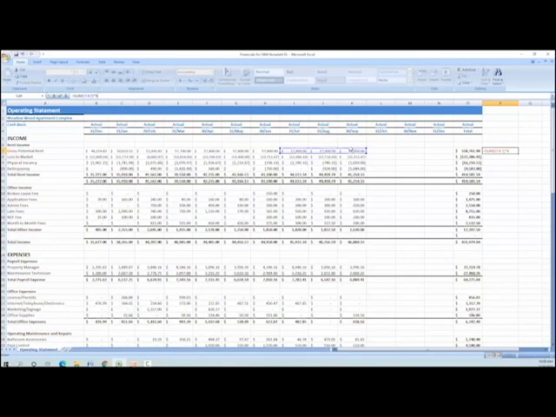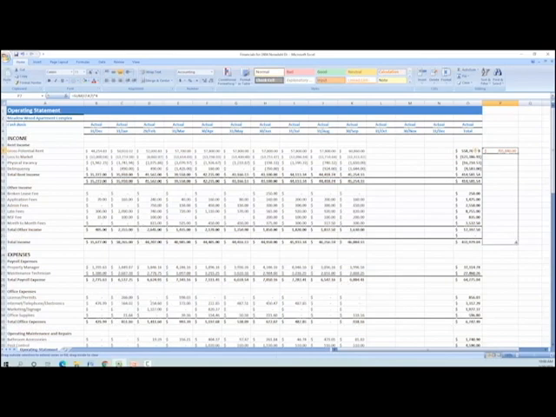That gives me a new yearly, or I should say annualized, income number. The bank is going to do this: take the last 3 months, multiply by 4, because there are 4 quarters in a year, and get a new number. Once you have that number, you drag it all the way down.